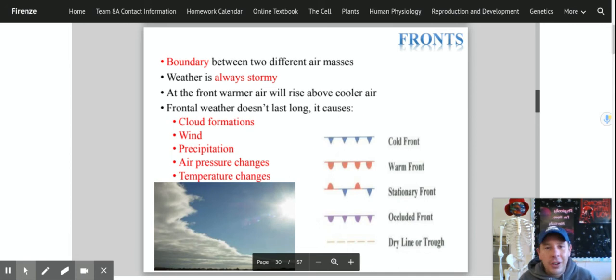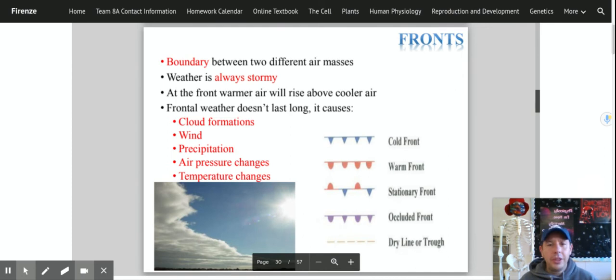It doesn't last very long. It will last a day or two, and then it passes through your area and you'll have nice weather again. This happens all the time as these bubbles of air, or air masses that we learned about in our last lesson, go through. The transition from one air mass to another gives you a little bit of stormy weather, which is why you get 3 or 4 days of nice weather, 1 or 2 days of stormy weather.